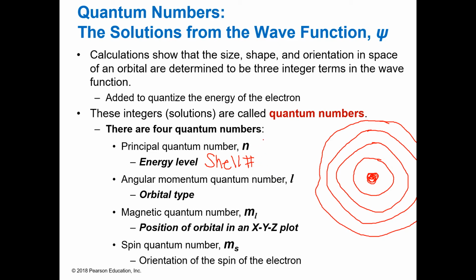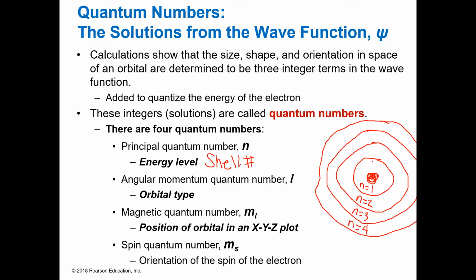So shell number 1 would have N equals 1. So I want you to go ahead and write here, this is going to be your first shell, or your first energy level. Going away from it, this is going to be your second shell, and your third shell. And then we'll look at shell 4.